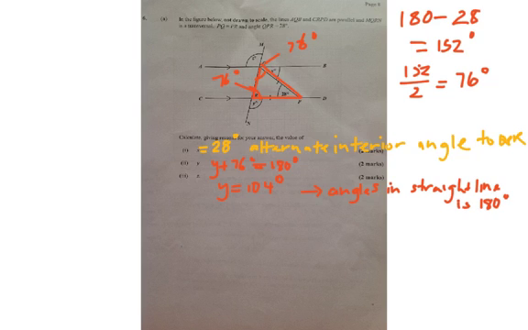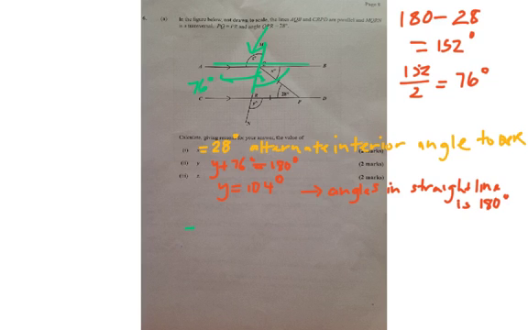And the last angle that we're finding is Z, which is this one here. And we know that this angle Z is going to be equal to this angle here. We would have just found that the angle that's within here is 76 degrees from the previous question.